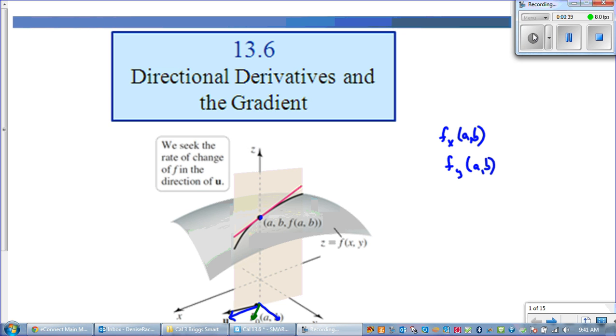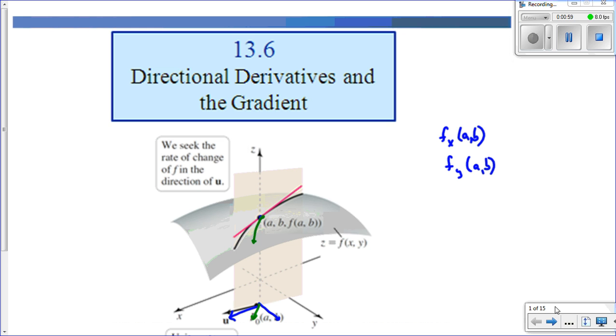Every direction that we move would correspond to a different direction up on the surface, and that would correspond to a different derivative. So what we want to do is take a point on the surface, and we're going to use a unit vector u to identify the direction that we wish to move from that point (a, b) down in the xy plane.